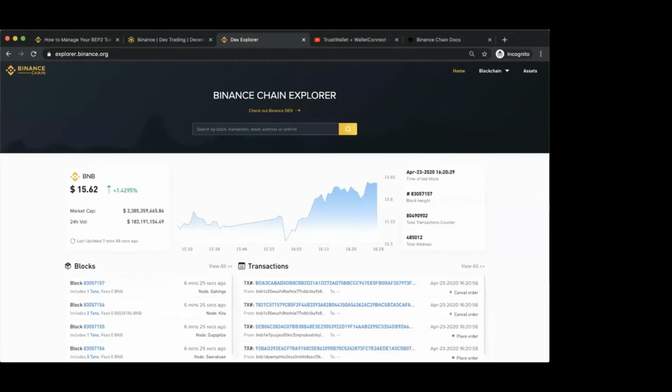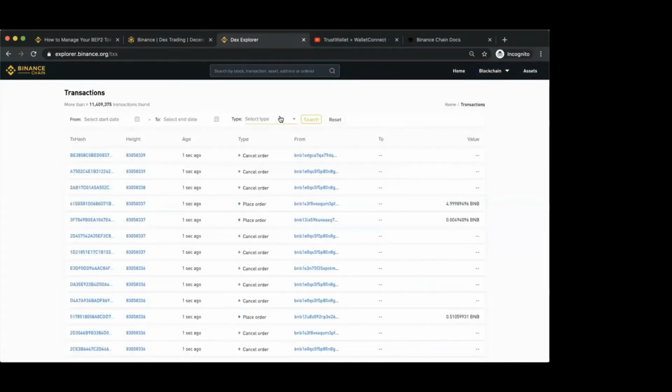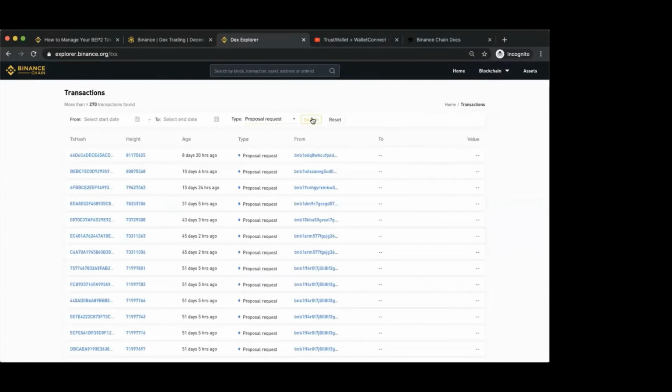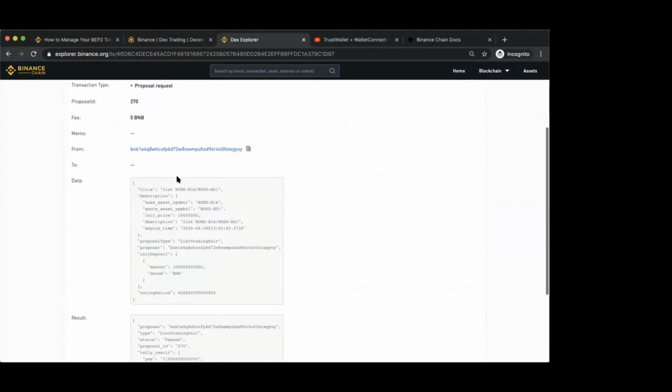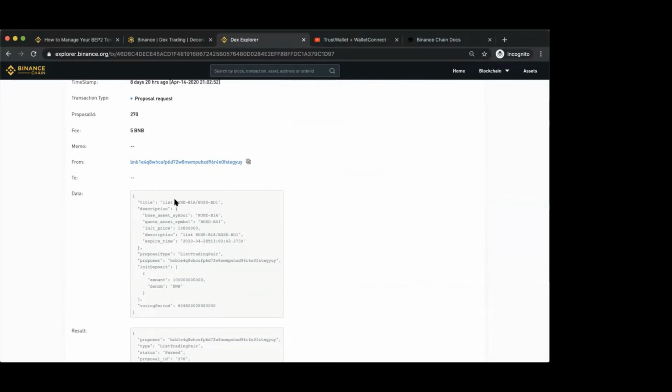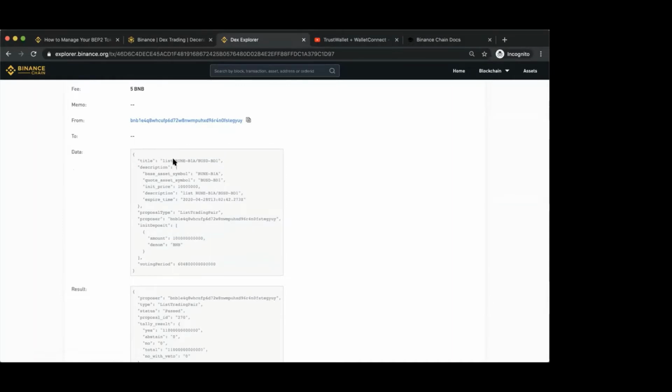I'd like to show you guys how to use the Explorer to see the listing proposals. For example, if you want to see who has submitted a new one, you can select this type and search for that. Let's select this one, then you can see that this proposal is submitted by this wallet, and he wants to list this coin against the BUSD.